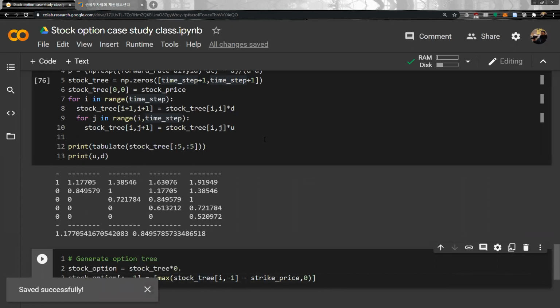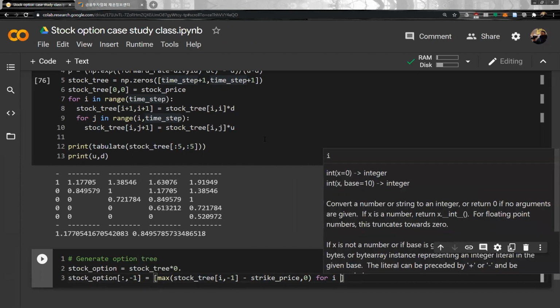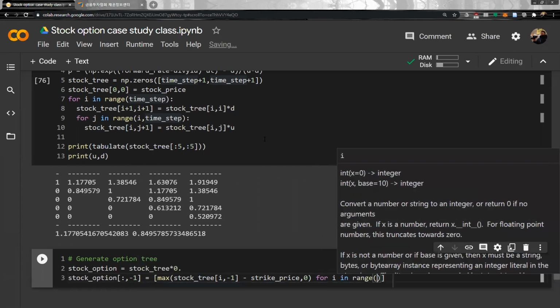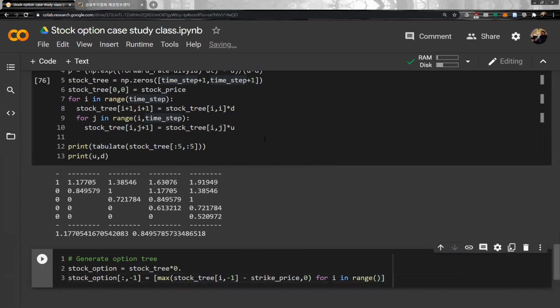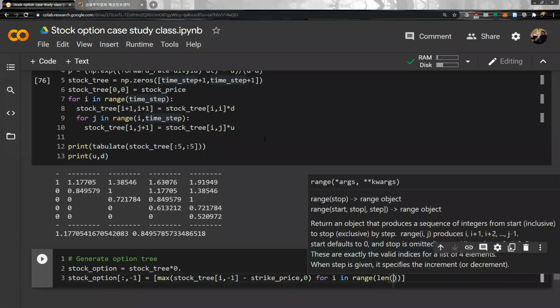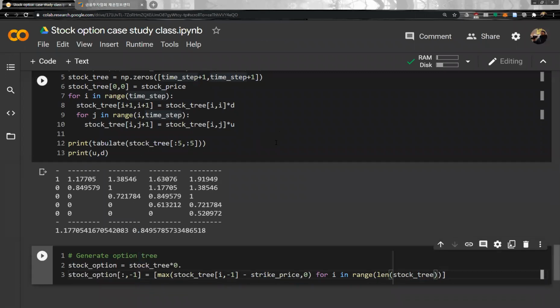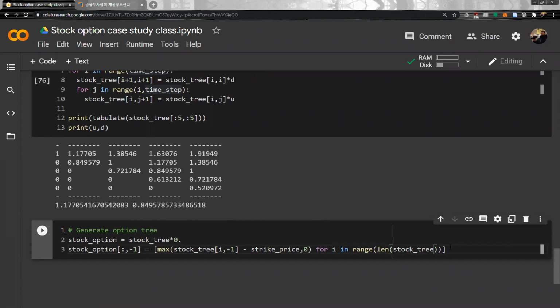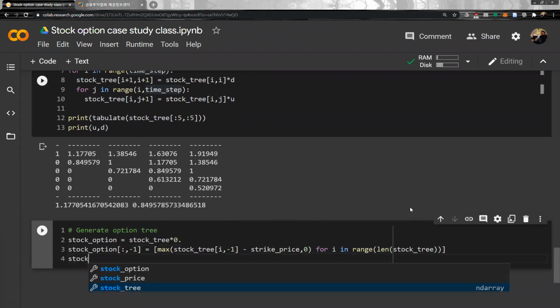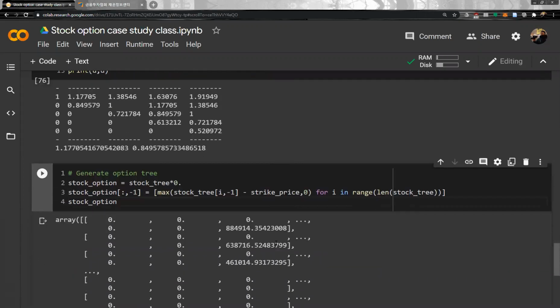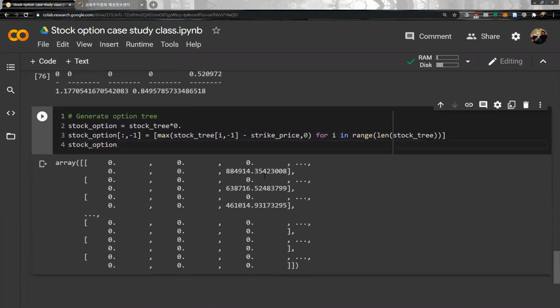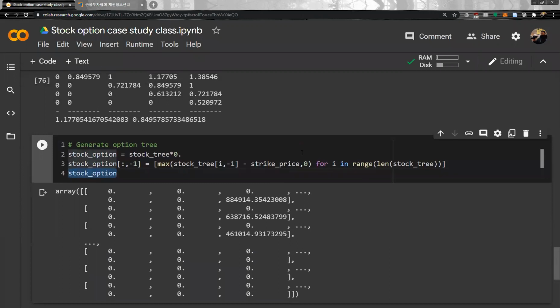Okay. And then for I in range, of course the length of stock tree. So stock option looks like this. So the very last column looks like this one. Okay, so far so good.